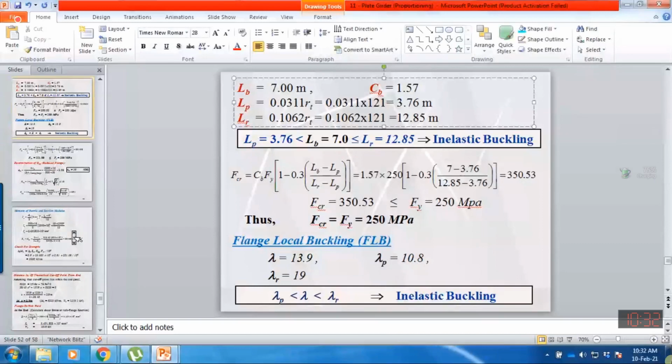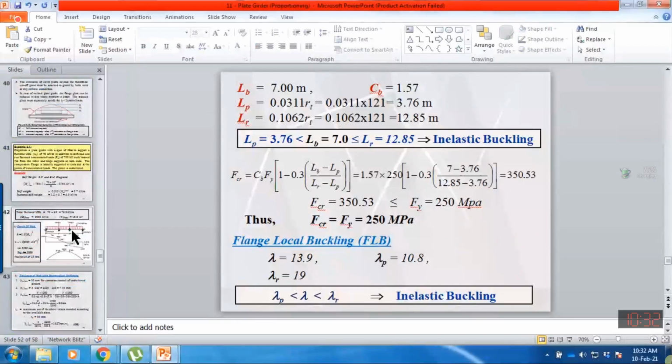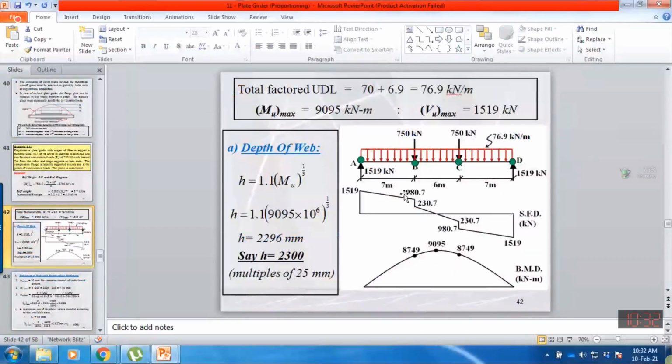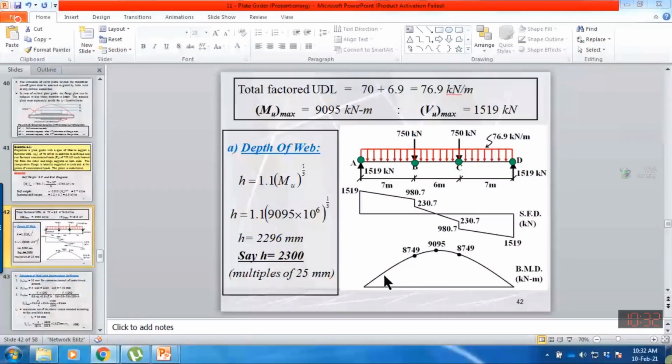Because I'm assuming that I can only reduce the flange area to half in the end zone. The central zone is subjected to maximum bending moment. The minimum moment within the central zone is 8749 and the maximum moment is 9095. It means that I can only reduce the flange area to half within the end zone.